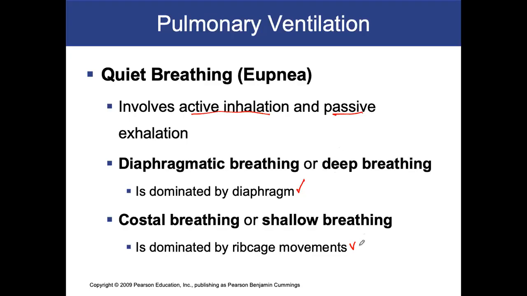Costal breathing or shallow breathing, you can tell because if somebody is shallowly breathing or stressed out, their shoulders are going to move up and down more so. This is usually the type of breathing that people do when they're stressed out. And to decrease that stress response, you can actually shut it off by doing deep breathing.